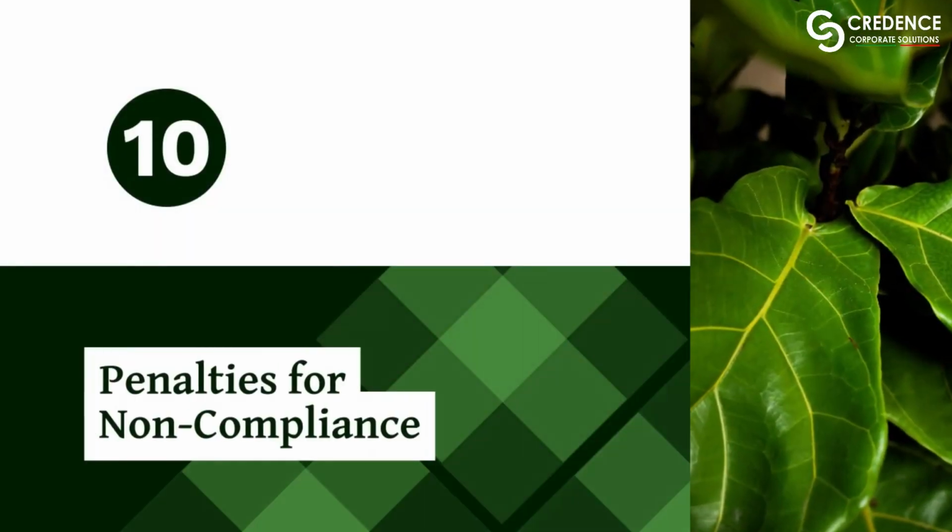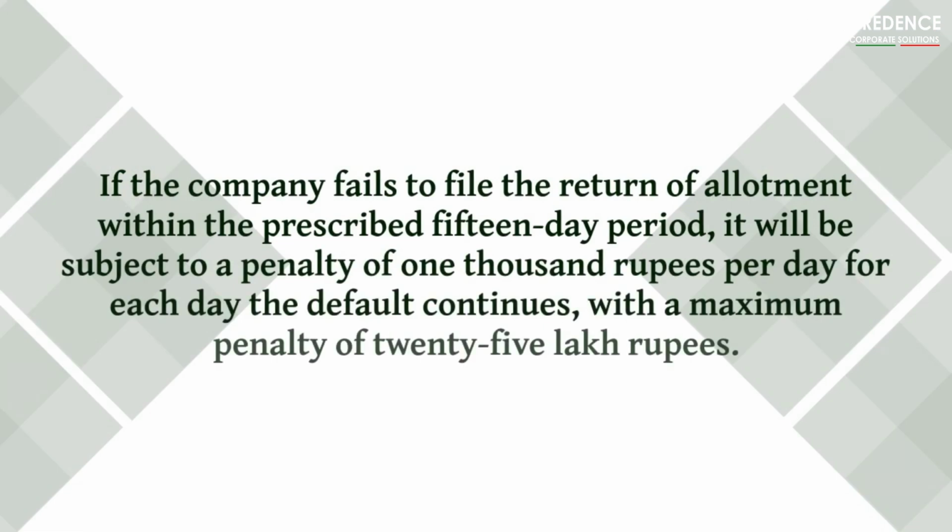10. Penalties for non-compliance. If the company fails to file the return of allotment within the prescribed 15-day period, it will be subject to a penalty of 1,000 rupees per day for each day the default continues, with a maximum penalty of 25 lakh rupees.